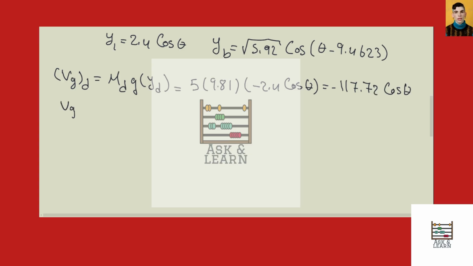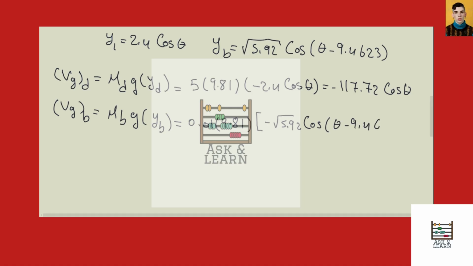And V_G P equals M_P g multiplied by y_P equals 0.01 times 9.81 times negative root 5.92 cosine theta minus 9.4623, which is equal to negative 0.0981 square root 5.92 cosine theta minus 9.4623.